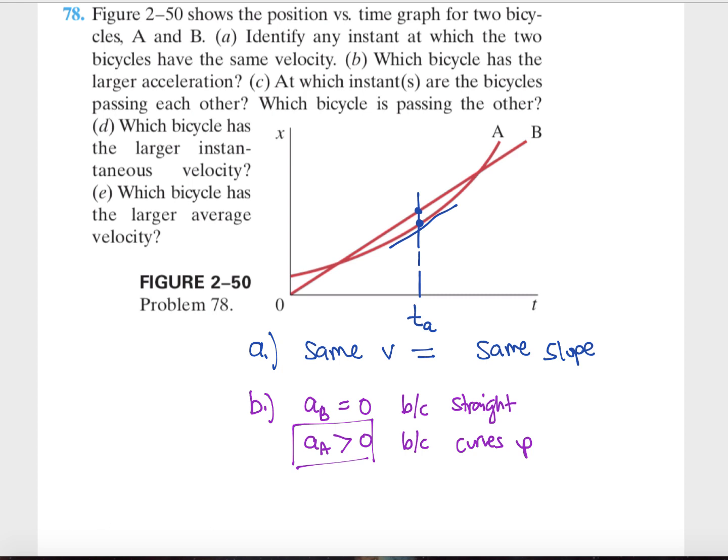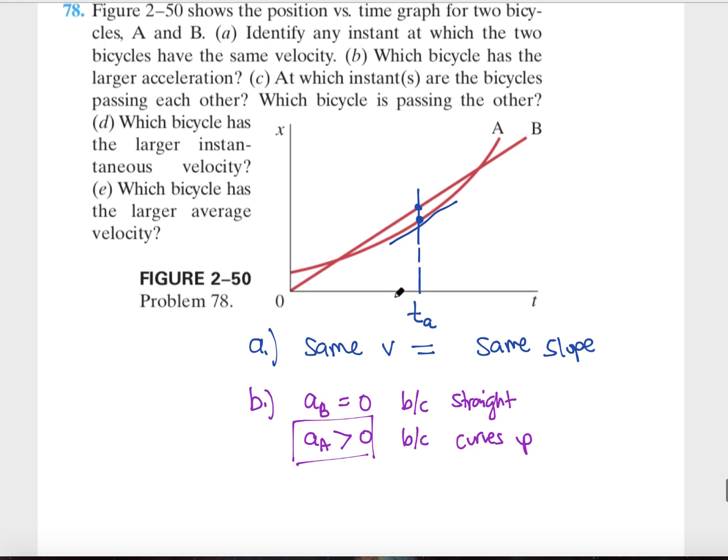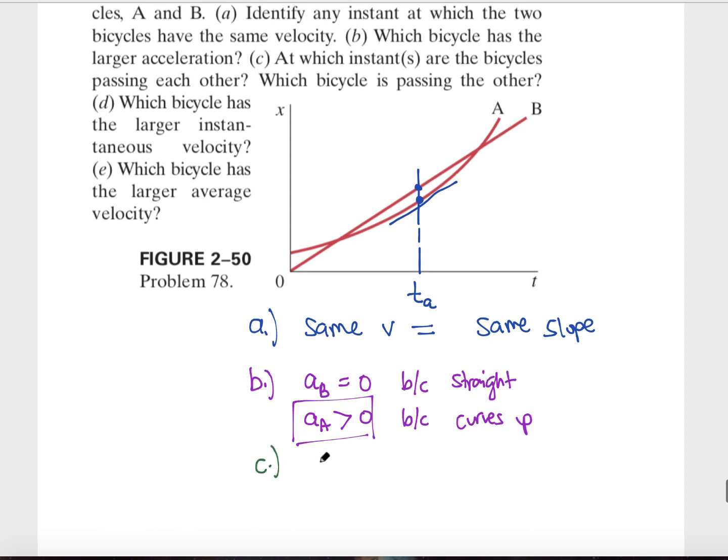Now moving on to C. At which instant are the bicycles passing each other? So passing means they are at the same position. There are actually 2 times when they have the same position, right here and right here.